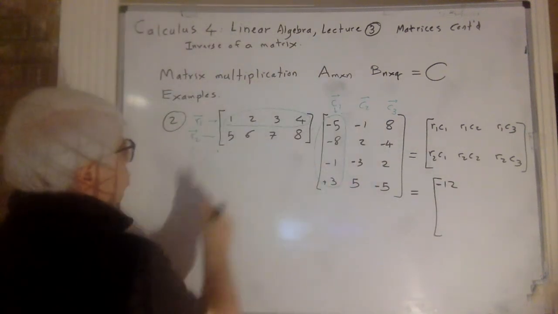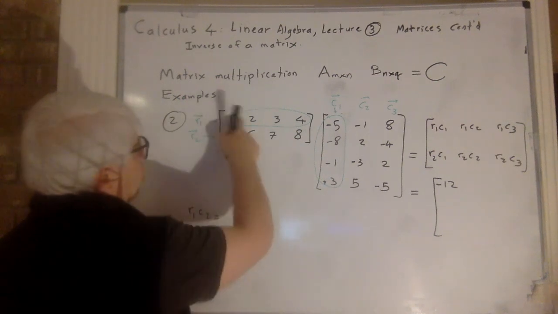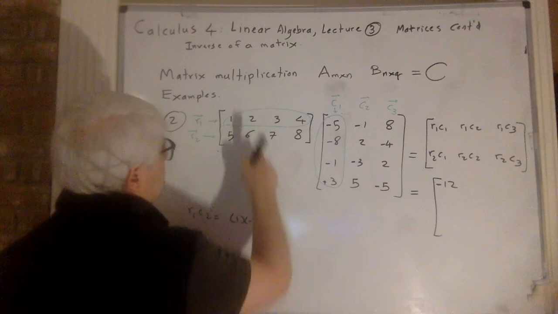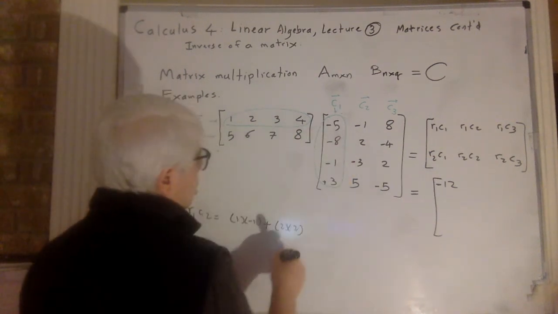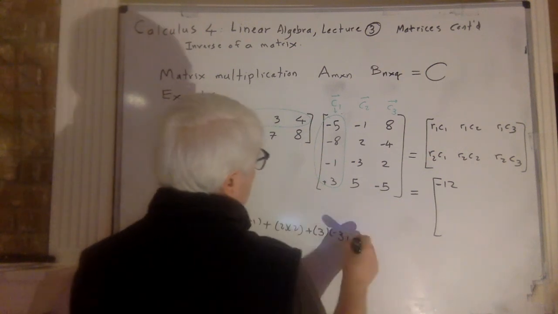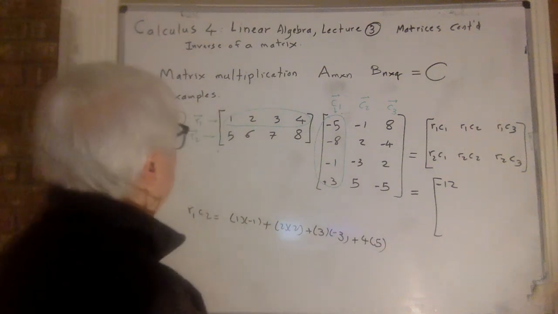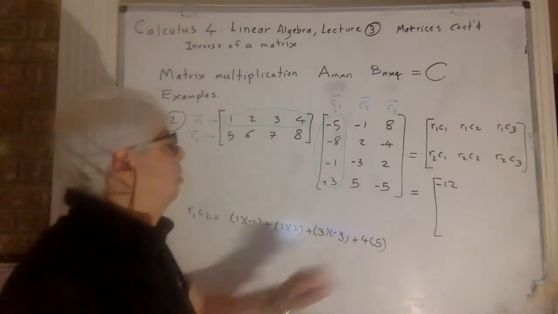Then R1C2 will be 1 times negative 1, plus 2 times 2, plus 3 times negative 3, plus 4 times 5. Let me double check: 1 times negative 1, 2 times 2, 3 times negative 3, 4 times 5.